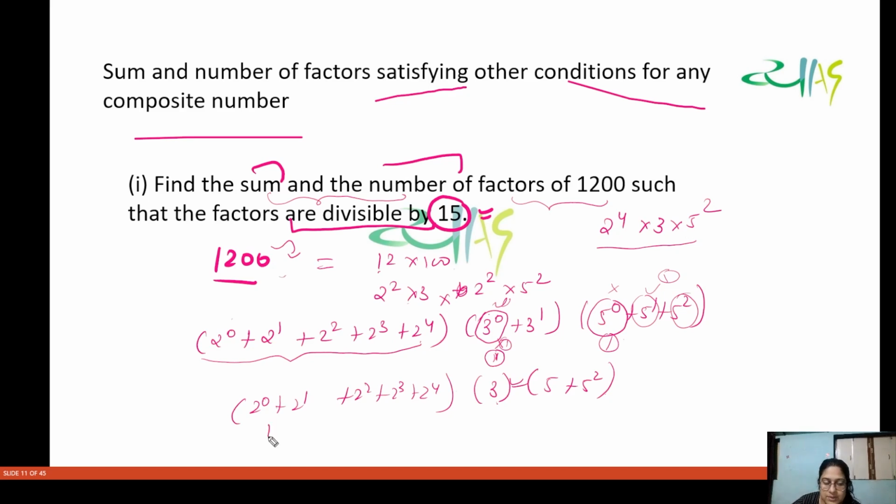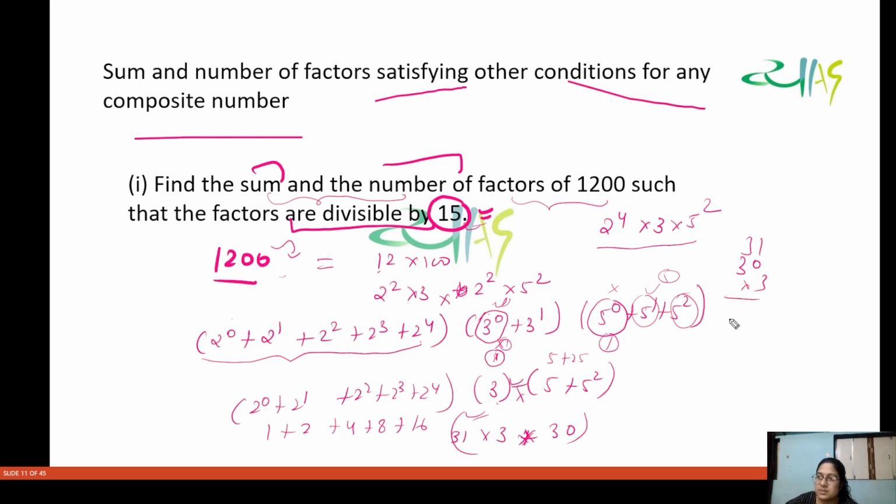So what will be the sum? 1 plus 2 plus 4 plus 8 plus 16, which becomes 31. And the 3 part is 3. Sorry, this will get multiplied. So this is 5 plus 25, so this will be 30. So the sum of the factors that are divisible by 15 will be given by this: 30 into 31 into 3.